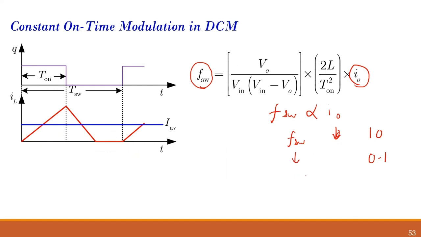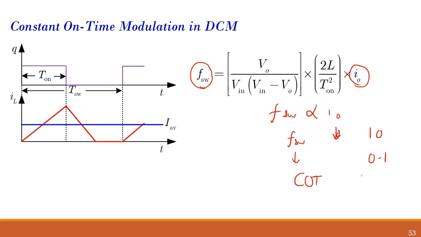Constant on-time control, a variable frequency control method, has the inherent property that at high load conditions the switching frequency is high, and as my load is reduced, my switching frequency will reduce.